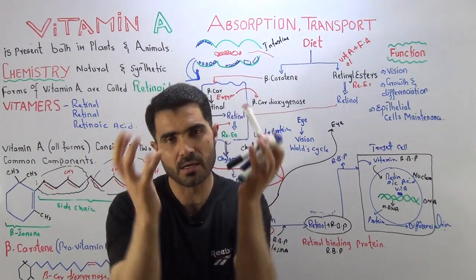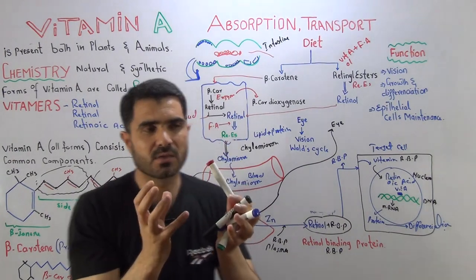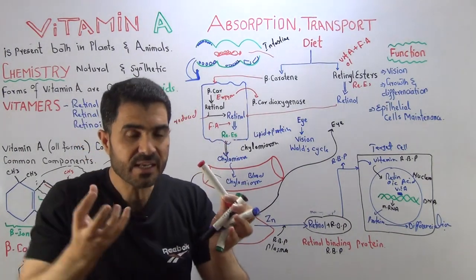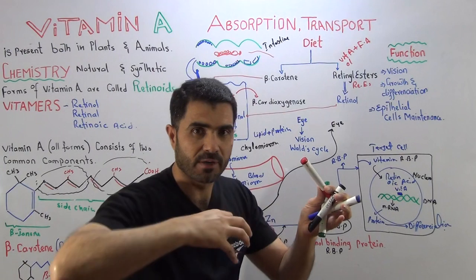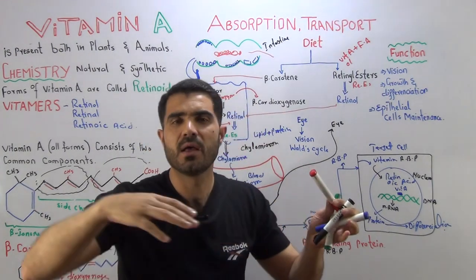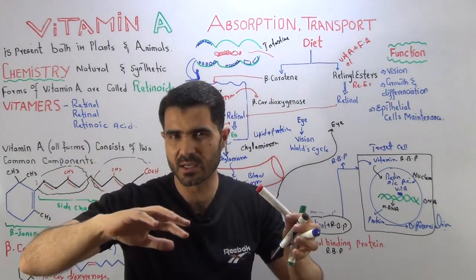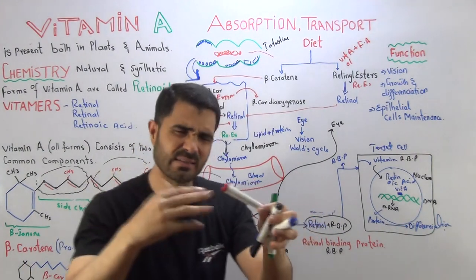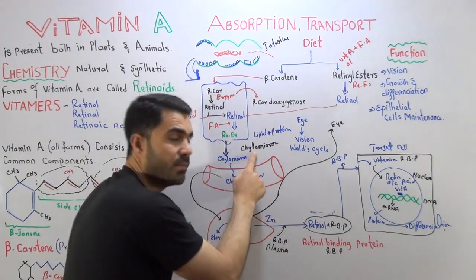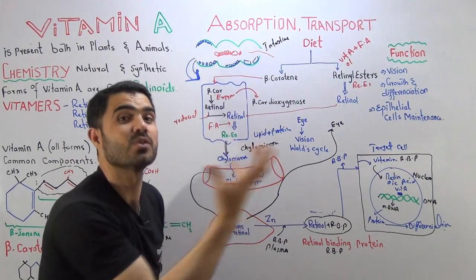This is a spherical structure that usually carries lipids inside the body from one place to another, like LDL, VLDL, good cholesterol, bad cholesterol, all of these. So chylomicron will take this vitamin.